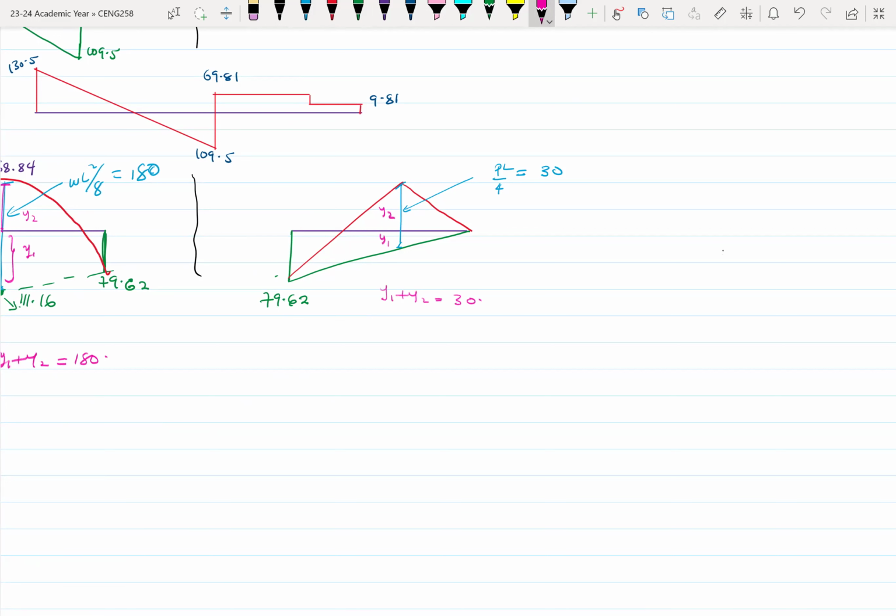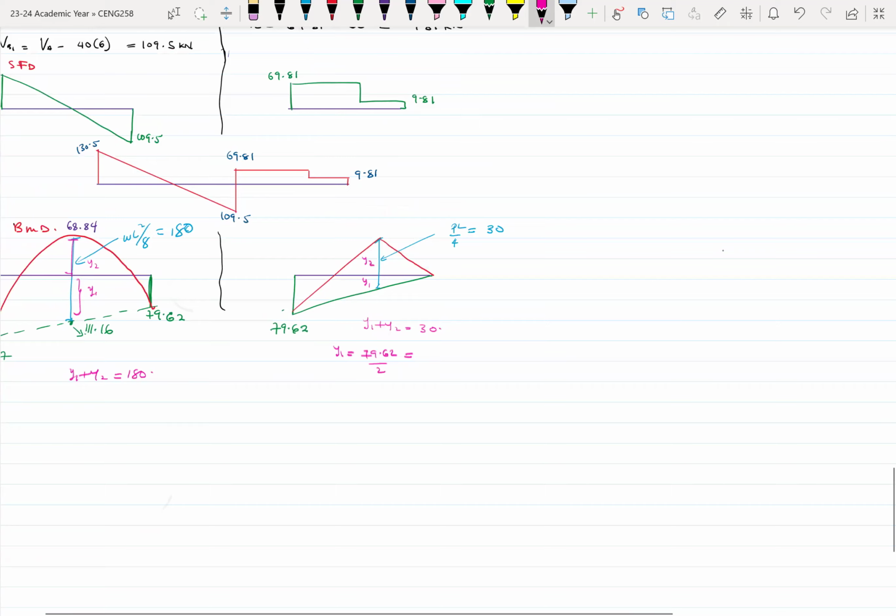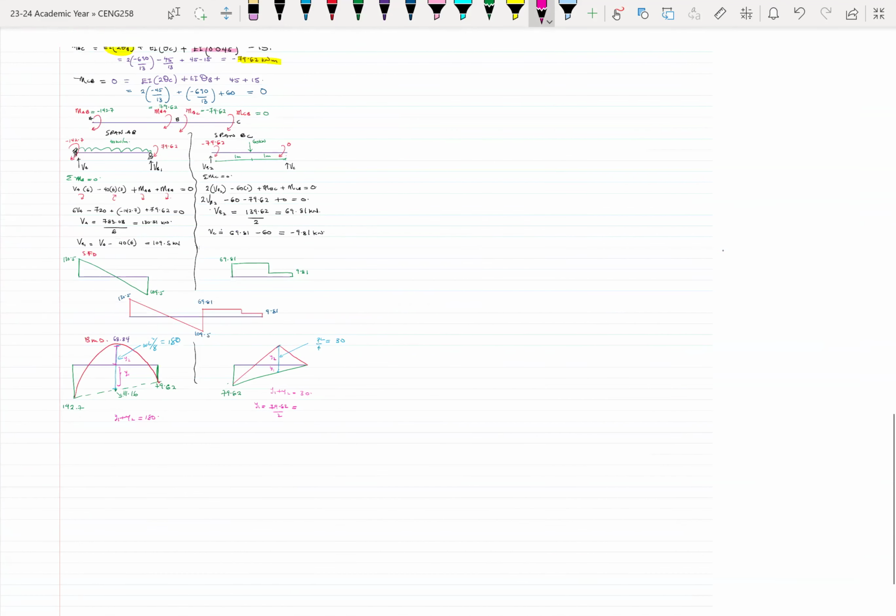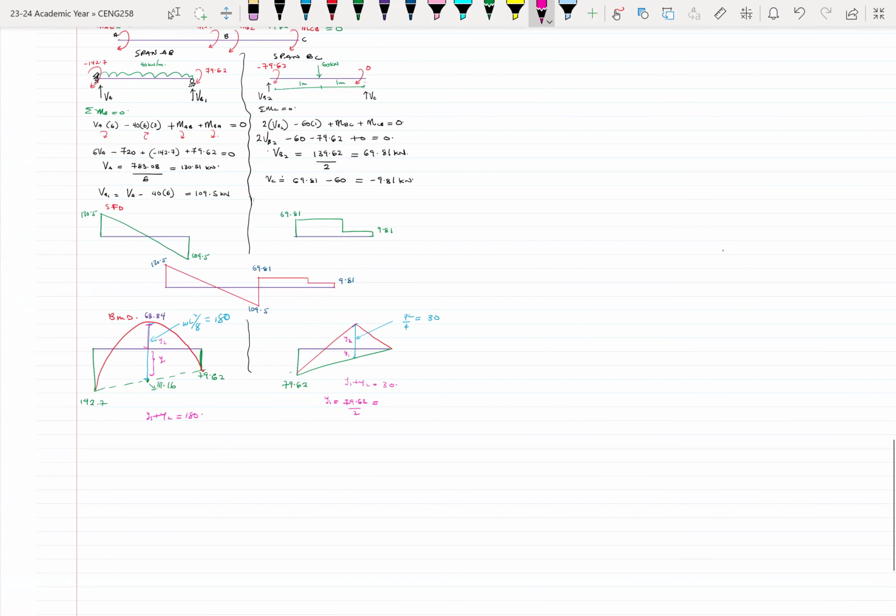Let's find our y1. Y1 in this case would be 79.62 over 2. That'll give me 39. So what does this mean? Maybe I didn't get my P. My P is what? Yeah, P is 60, so 60 times 2.